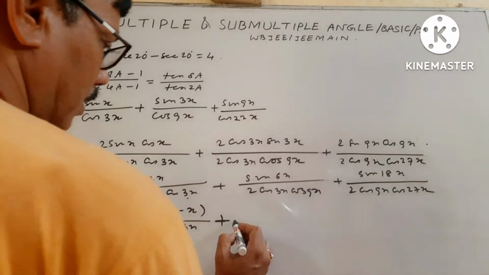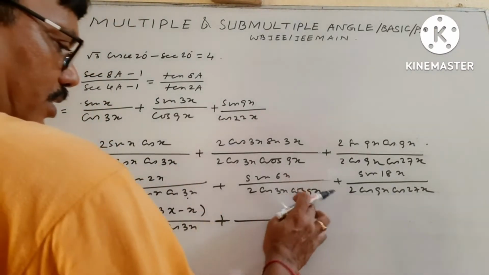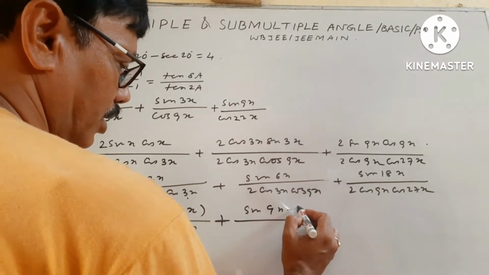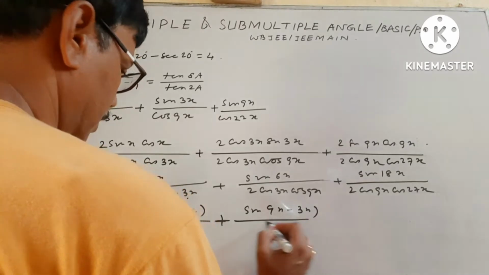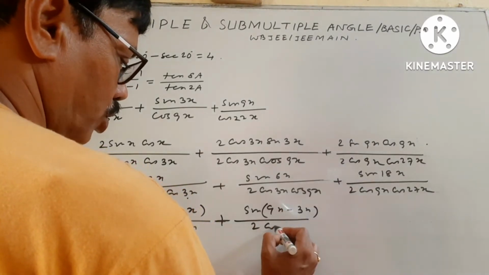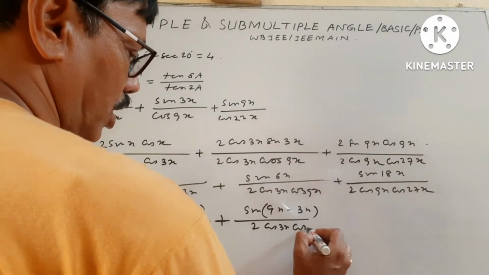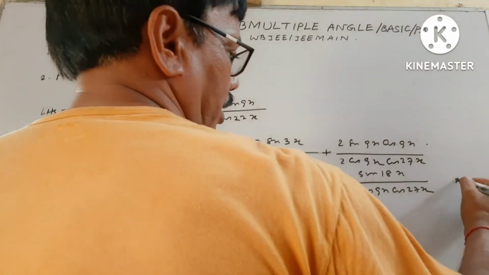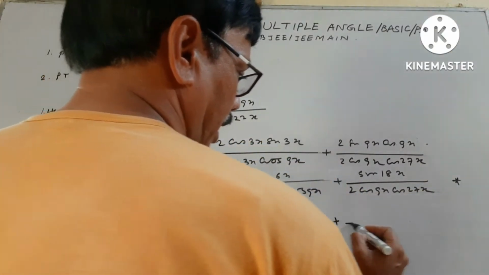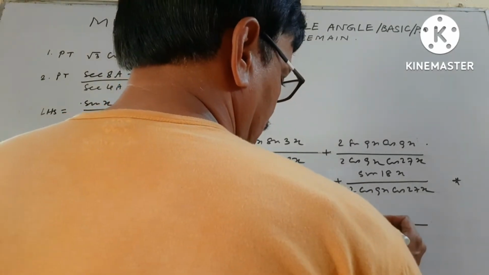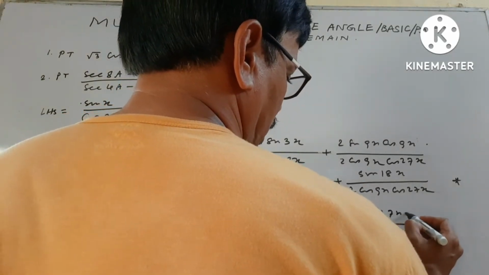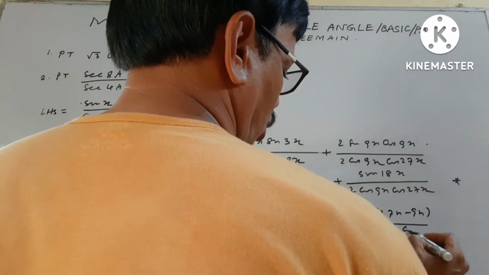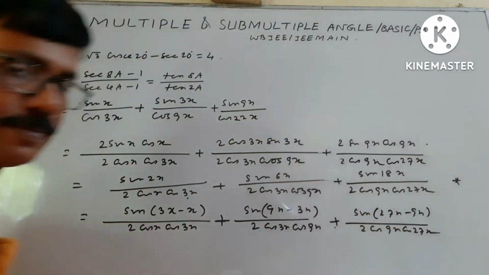Plus, 6x is also a denominator angle difference, 9x minus 3x, over 2 cos 3x cos 9x. So these two steps are to be noted. And this is sin 27x minus 9x over 2 cos 9x cos 27x.